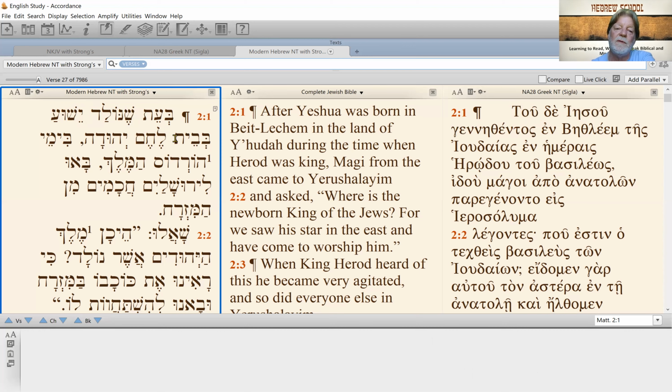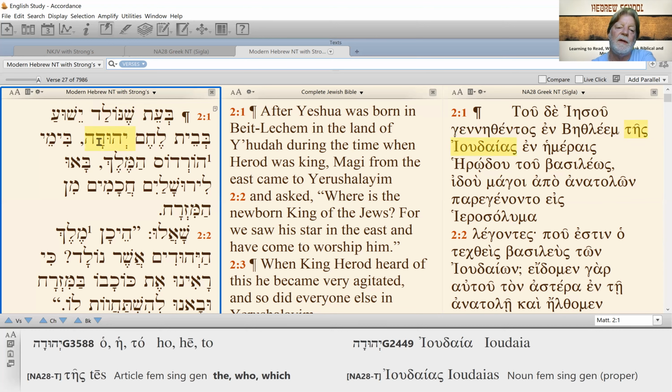It's not uncommon for them to be separated. So Beit Lechem is in Bethlehem. Yehuda, Judah, is the southern part of Israel.